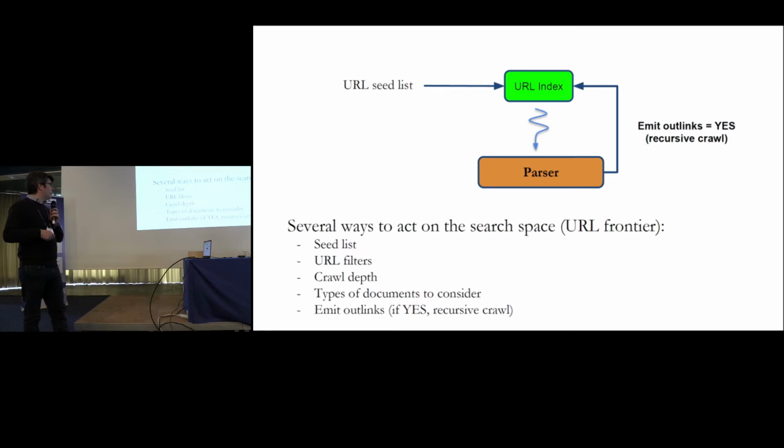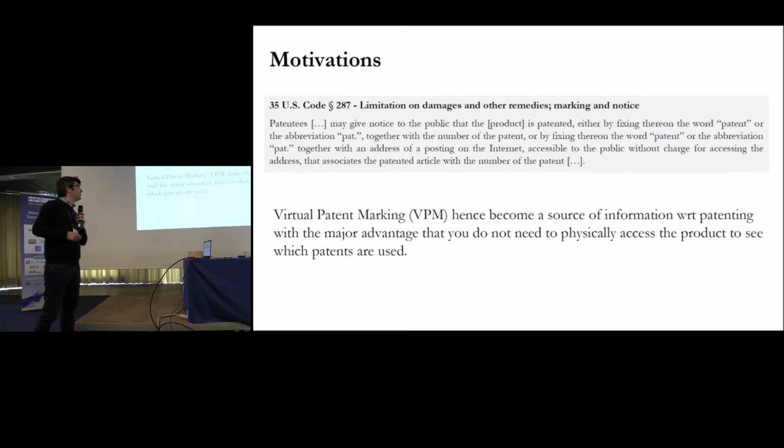Of course, you can define the depth of the crawler. It means how far you go from the seed URLs where you started from, and typically, in our case, also the type of documents that you want to crawl and parse. If you have a fixed list of URLs and you don't want to go out of this, then you just don't emit out links.